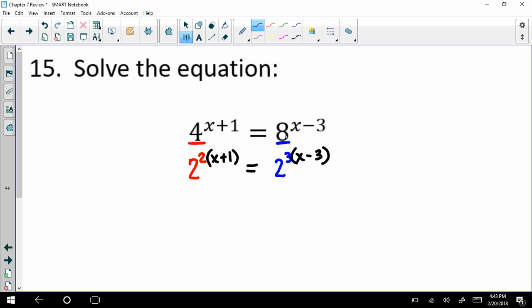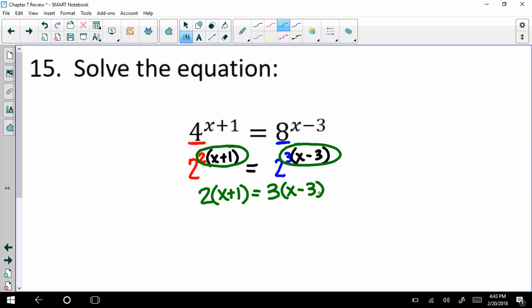Okay, so this was one where you had to change both. I couldn't keep 4 because 4 to some power, I can't write it to make 8. Because 4 squared is 16, not 8. Okay, so now that we have the same bases, I have a 2 and a 2 as my bases, then set this exponent equal to this exponent. So 2 times parentheses x plus 1 equals 3 times parentheses x minus 3.